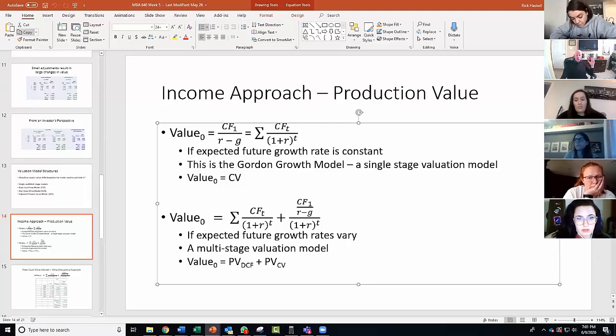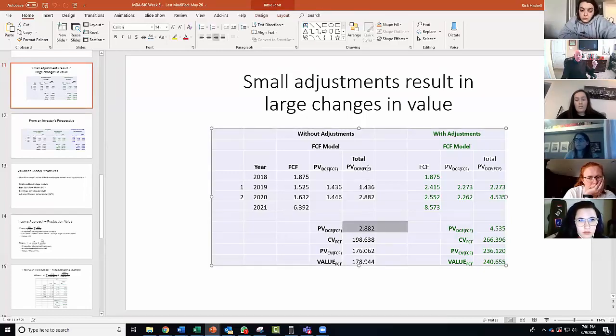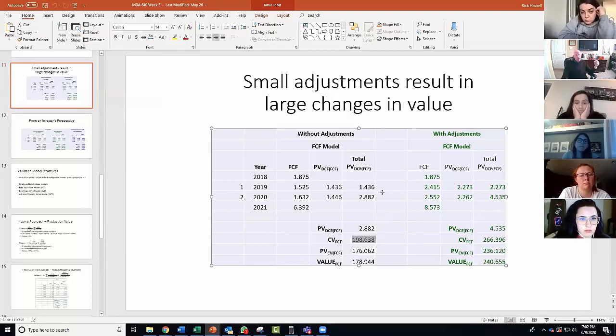Now, what you've been doing up to this point is running a multi-stage model, where we've got a stage that represents the discounted cash flow during the explicit period, and then a second stage that represents the continuation period, right? So this is a 2-stage model. It's possible we could have had a 4, 5, 6, or 8-stage model.